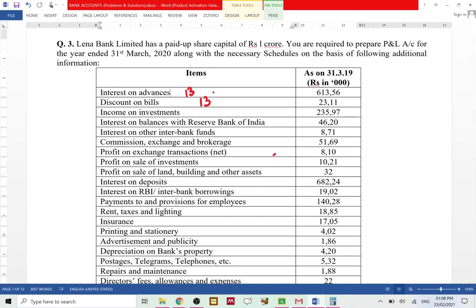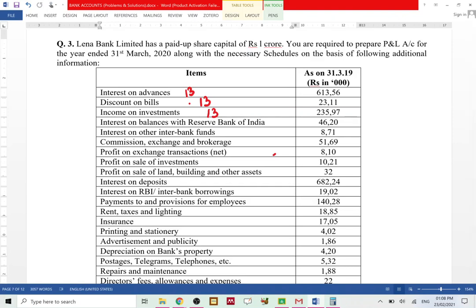Very good. Next one. Income on investments. Where will this come? Under income. And under income, it will come under schedule 13, interest earned. Now I know it feels a little odd because it feels like income on investments should be other income. But in case of banks, what they do is they include it along with the interest income.